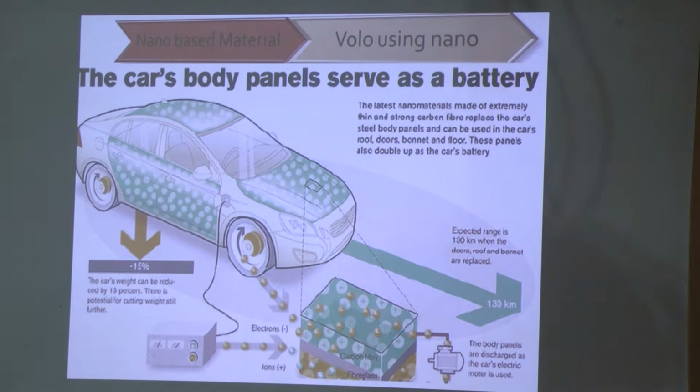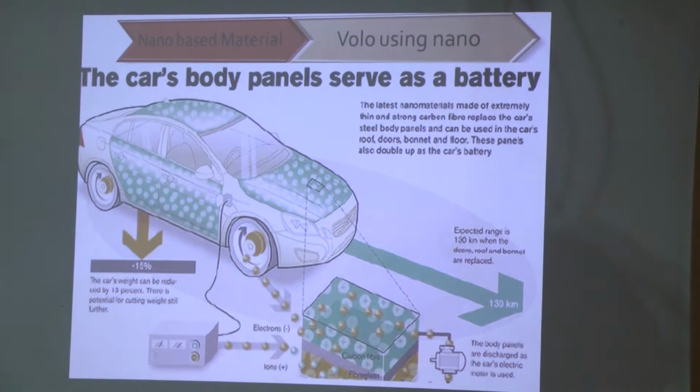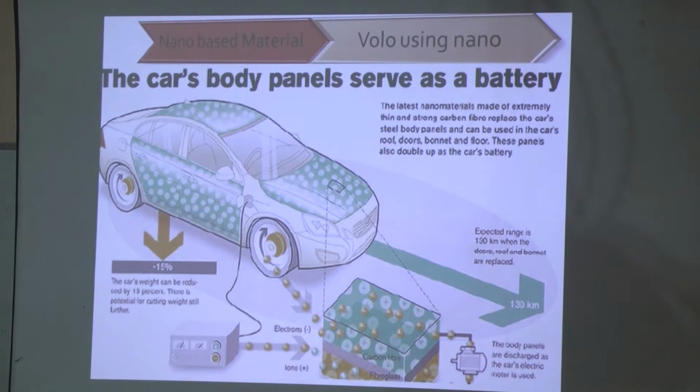But if you are interested beyond this, let's say for this particular thing, when you look at this whole figure, the whole body of the car is made up of some special material, and that is a kind of reinforced CNT, carbon nanotube based material, which is actually forming a nanocomposite with fiberglass, and which yields high strength at the expense of even low cost and low weight.